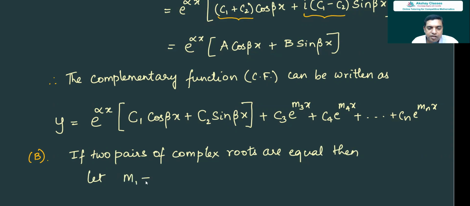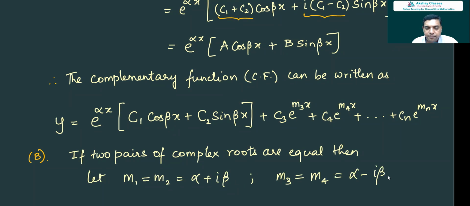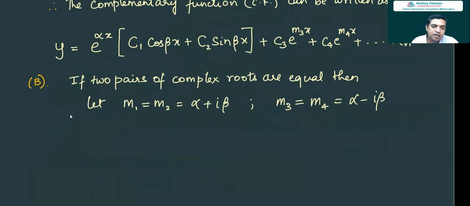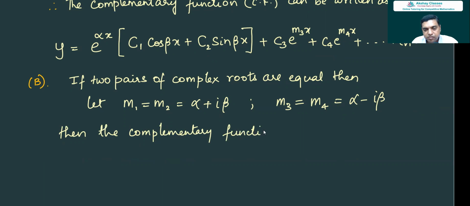Let's say m1 equal to m2 is equal to alpha plus i beta, and m3 equal to m4 is equal to alpha minus i beta. Then the complementary function will be of this form.